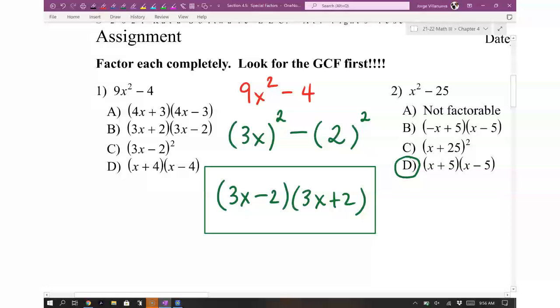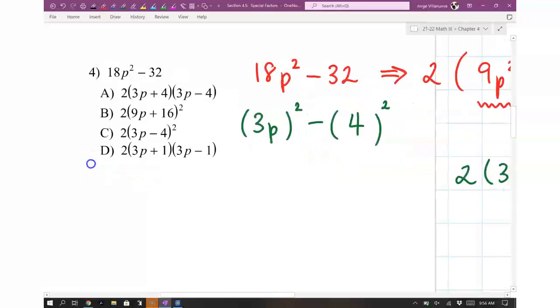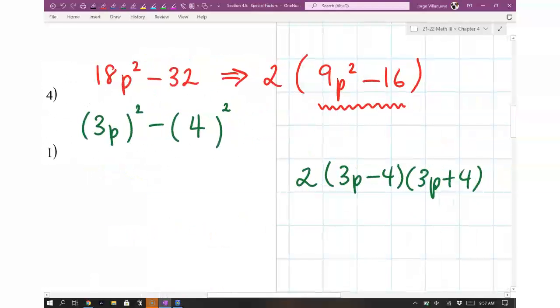So that makes it a little bit more difficult. And then we did number 4. And for number 4, we had to factor first. Then we could do the difference of 2 squares and write our answer. So we had to factor a GCF. That's why these are considered the tougher ones. But, I mean, they're not that bad. It's just an extra step.